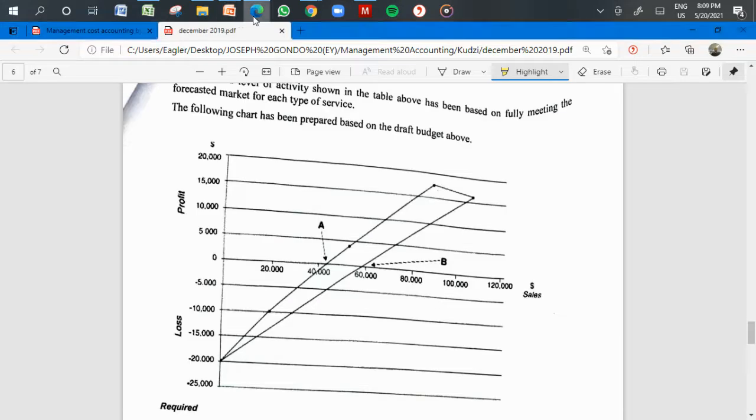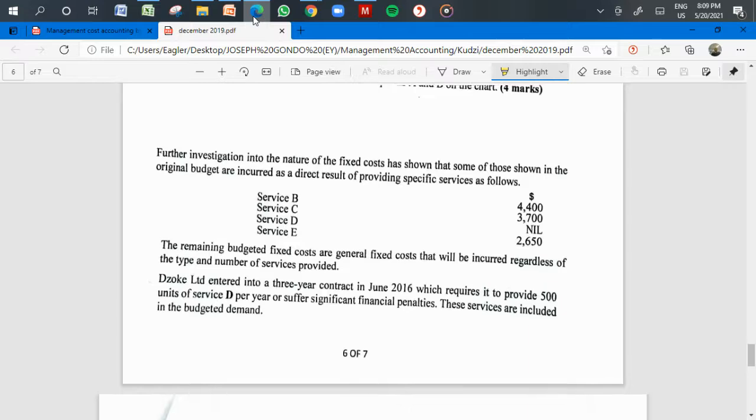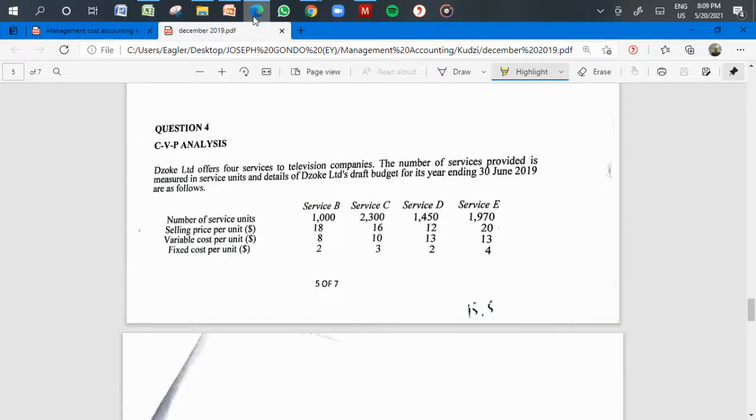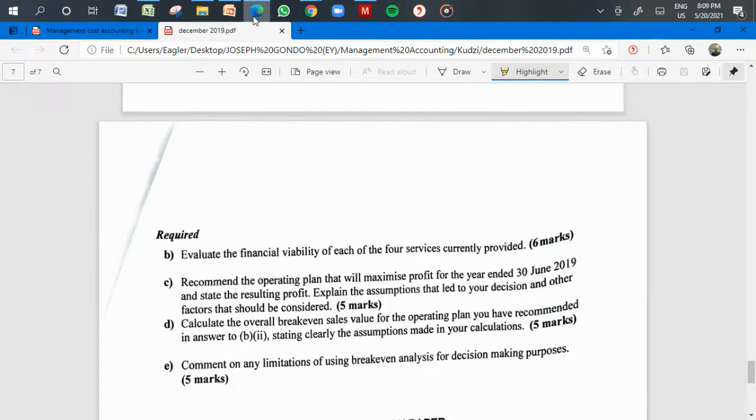Let me see the remainder of the question. What was it asking? Further investigation into the nature of fixed costs has shown that some of those shown in the original budget are incurred as a direct result of providing specific services, such as Service B. With this information, it's saying evaluate the financial viability of each of the 4 services currently provided.